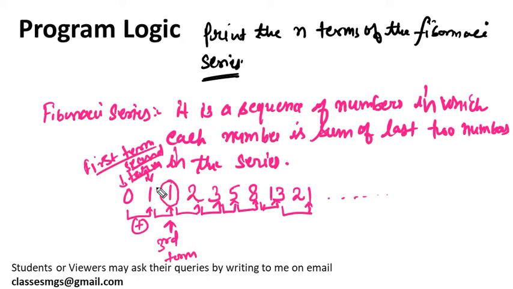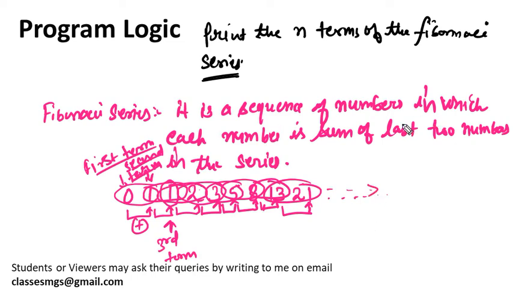This term is the sum of these two numbers, and so on: 3 plus 2 is 5, 5 plus 3 is 8, 8 plus 5 is 13, 13 plus 8 is 21. So this is the Fibonacci series.